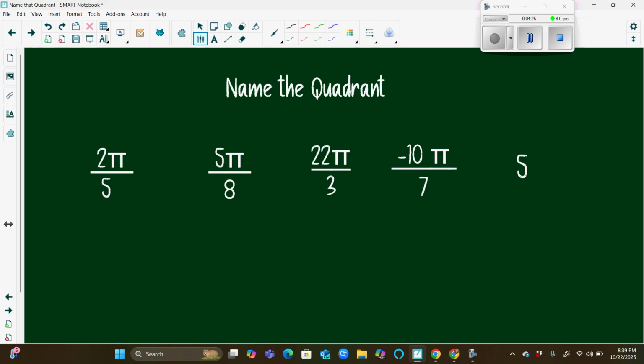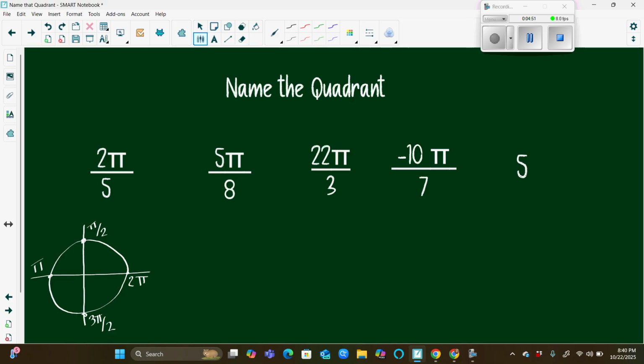Let's look at the first example, 2 pi over 5. On my unit circle, there are certain values that we know. Like I know that pi over 2 is here. I know that we have pi over here. We have 3 pi over 2 down here. And we have 0 and 2 pi over here. So I'm going to use these as reference as we work these out.